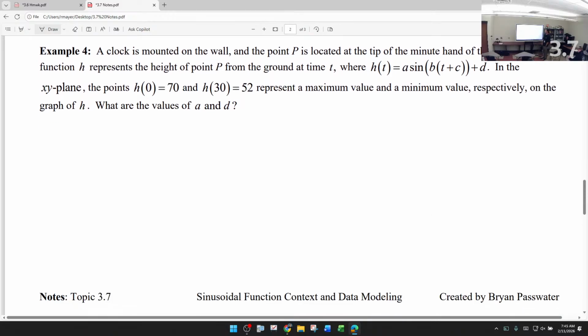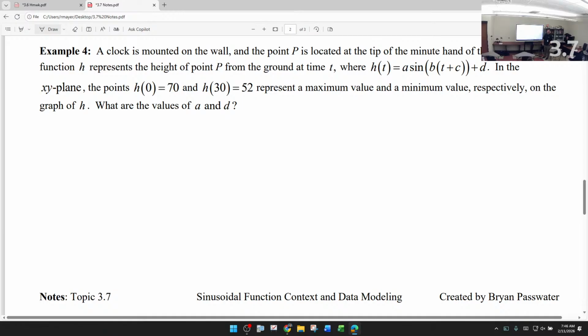A clock is mounted on the wall, and the point P is located at the tip of the minute hand of the clock. Luckily, we've seen a picture like this, so I can maybe visualize this. The function h represents the height of P from the ground, where the height of the point is a sine bt plus c plus d.